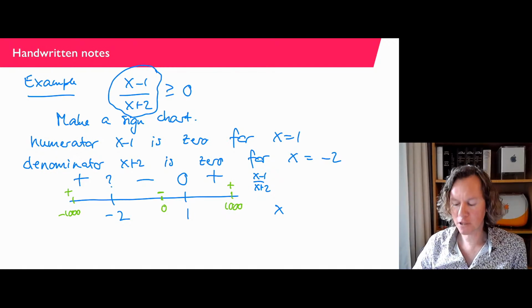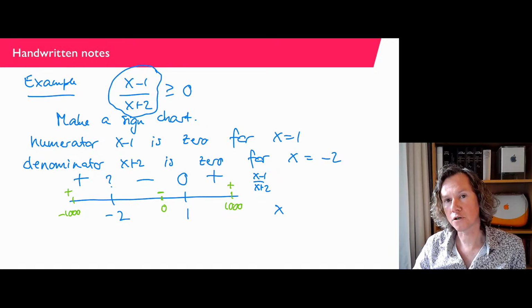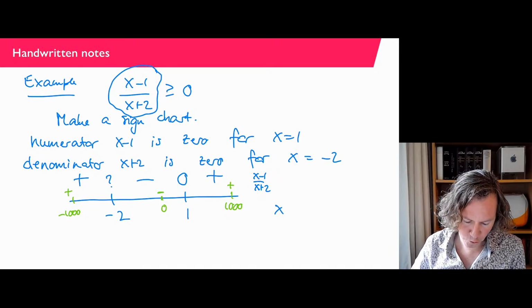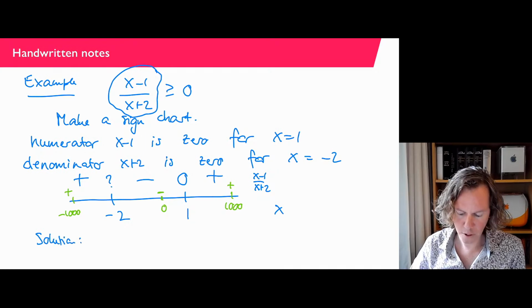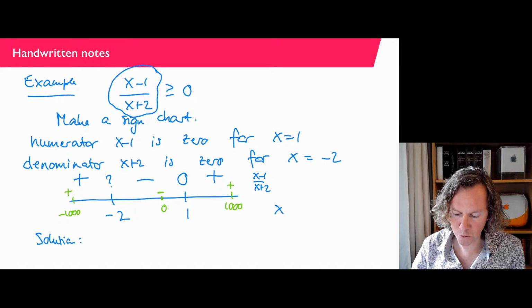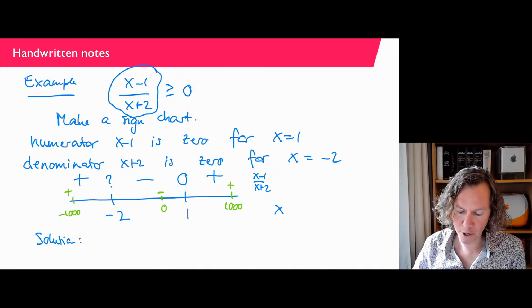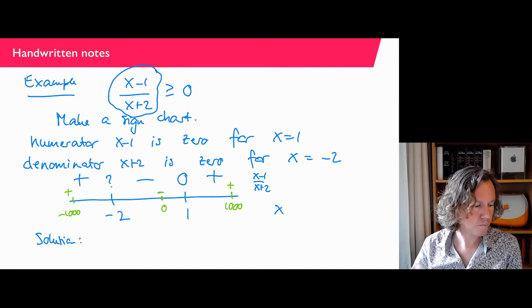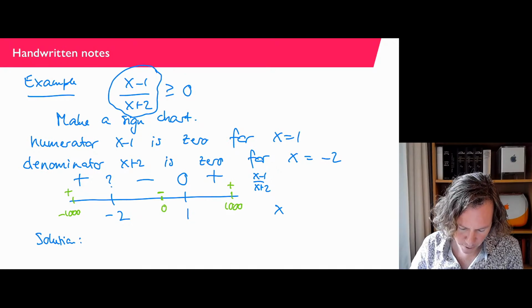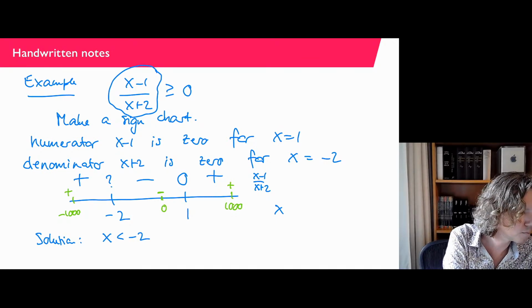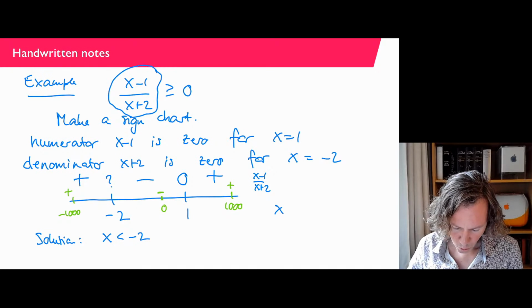And I can now immediately find the solution here, because for the solution I want it to be bigger equals 0. That's the original question, bigger equals 0. So apparently that holds true for x is less than minus 2, or x is bigger equal 1.